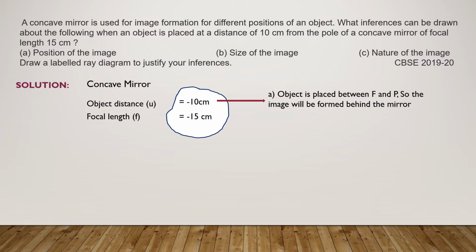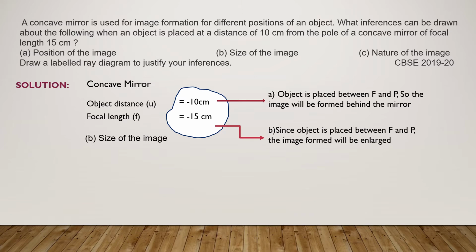Now let us go for the second part, size of the image. By looking at the optical device, it is a concave mirror and the object is placed between focus and pole. So how will the size of the image be? It should be enlarged. What will be the nature?